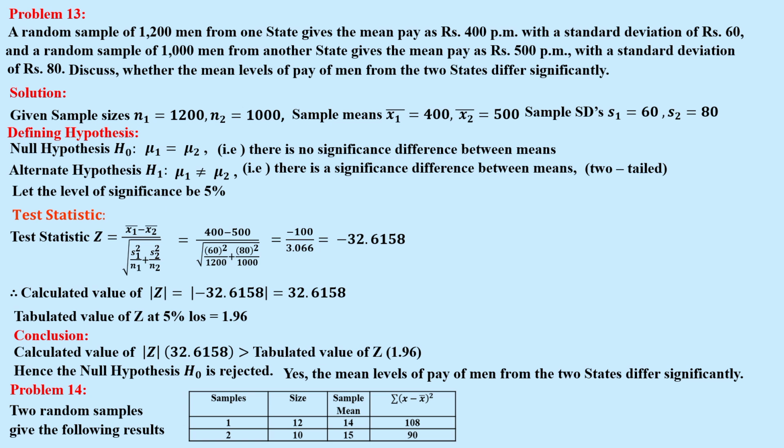Then they have given the sum of squares of deviations from the mean, summation of x minus x bar squared, 108 and 90. Test whether the samples are from the same population or different populations. So H0 is same population, H1 is different population.